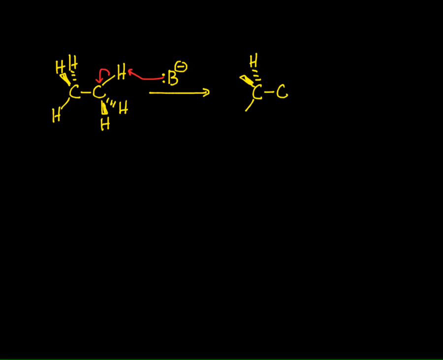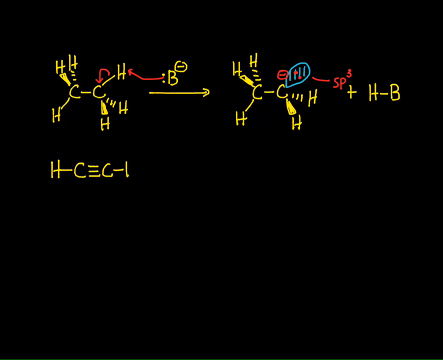The result is an sp3 hybridized carbon, so the electrons go into that sp3 orbital. Of course, I get HB as a byproduct of that reaction.